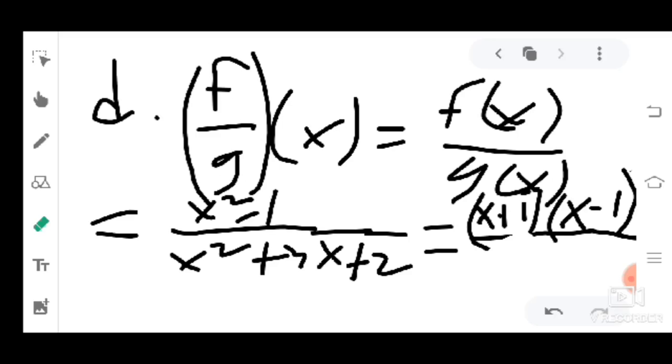The factors of 2 whose sum is 3 are 2 and 1.